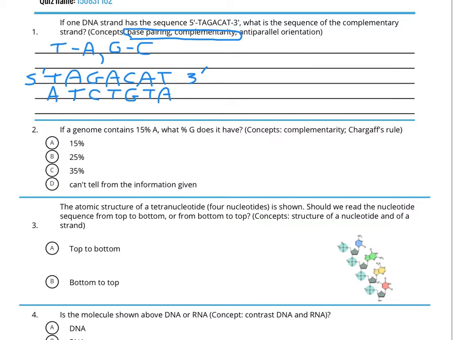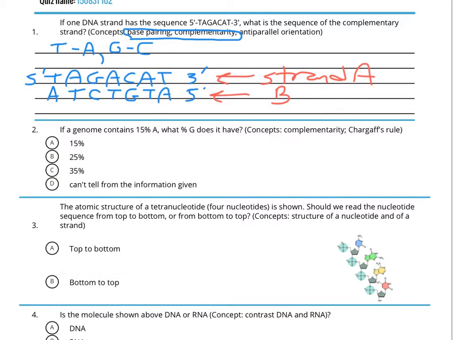And then we need these two strands of DNA, we'll call them strand A and B, to be anti-parallel. That means that the 3' end of the top strand is going to be next to the 5' end of the bottom strand.